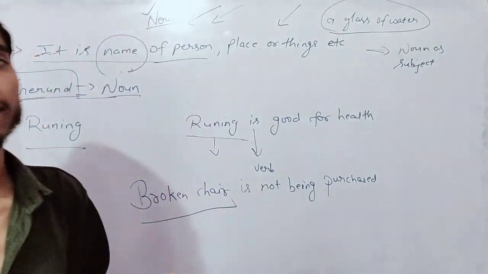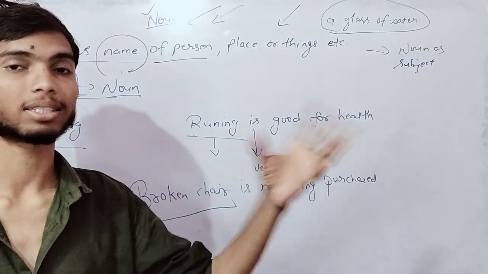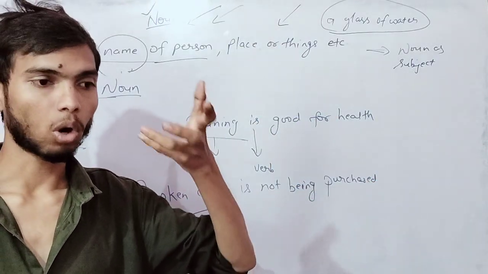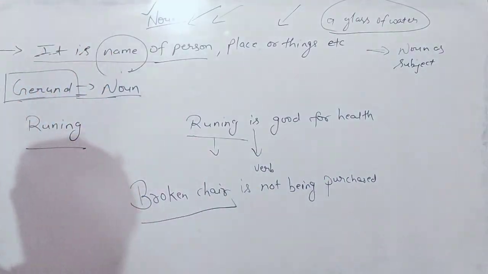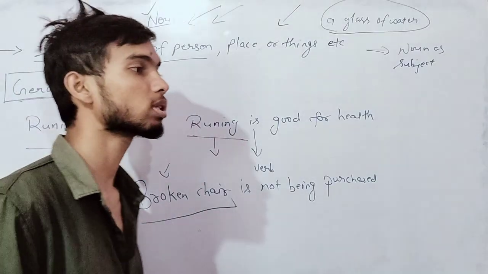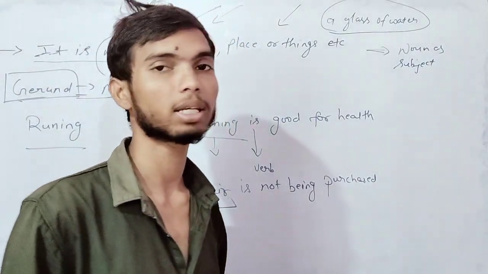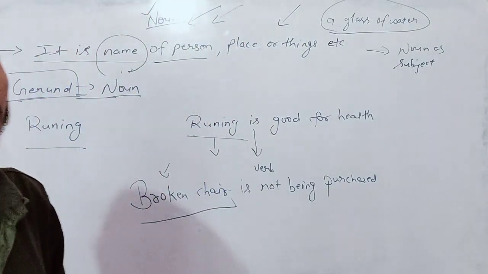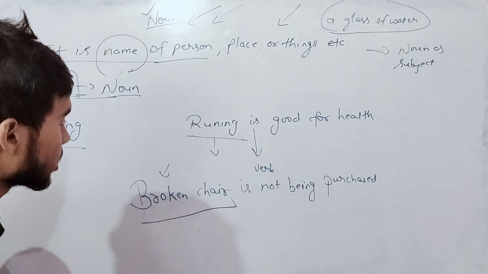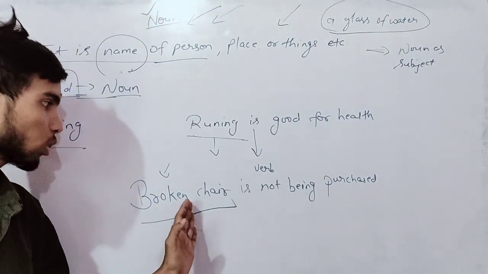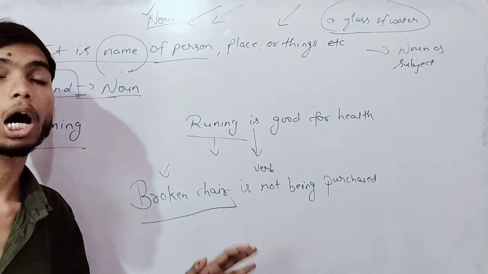If something is telling you how, then you can say this is an adjective, because an adjective tells you how something is. So chair is broken; here you are observing how the chair is.